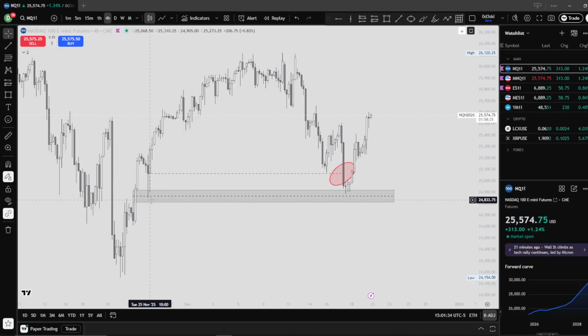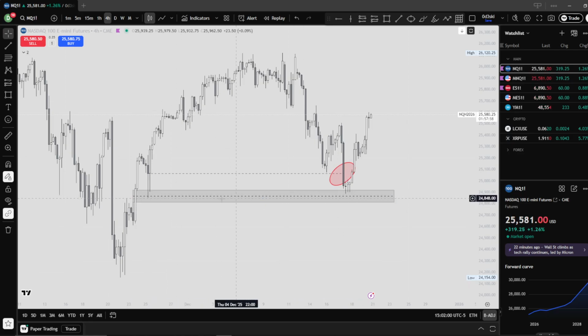Previously respected fair value gaps are something y'all should take note of, because if they were respected once, that shows the strength in it. So that also might be a little indicator or price reference that price might want to come back to.